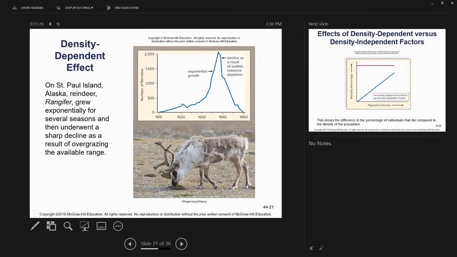We don't like wolves and bears, so we kill them, and so the population can just go crazy. And as long as there is available food, the population grew, until the population was so high that overgrazing reduced all the resource, so all their food source. And then there wasn't enough food to sustain the population, and they died. They dropped off significantly.